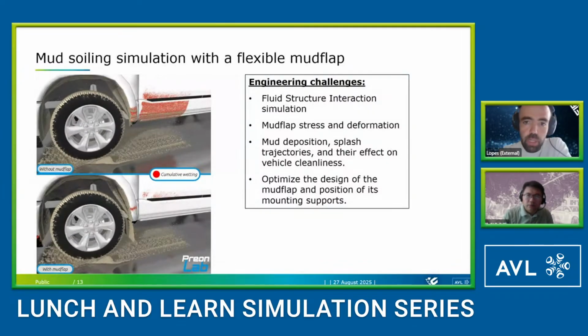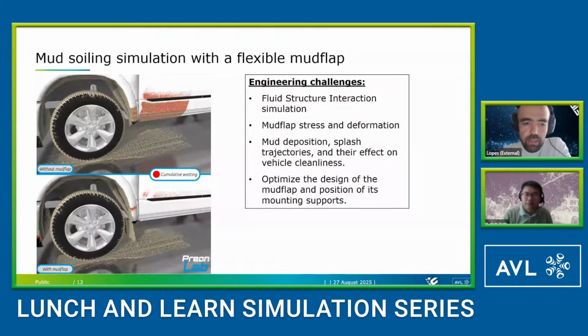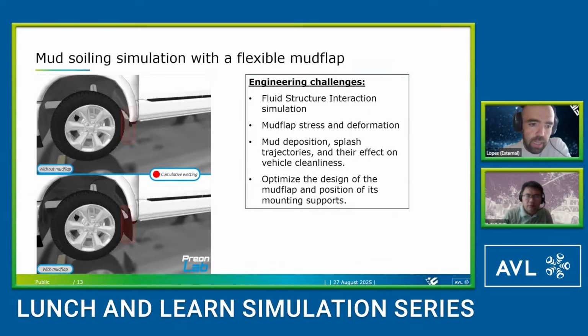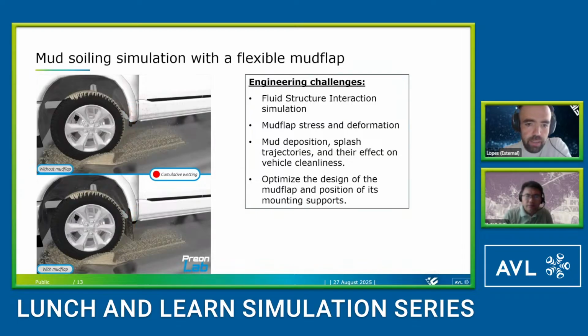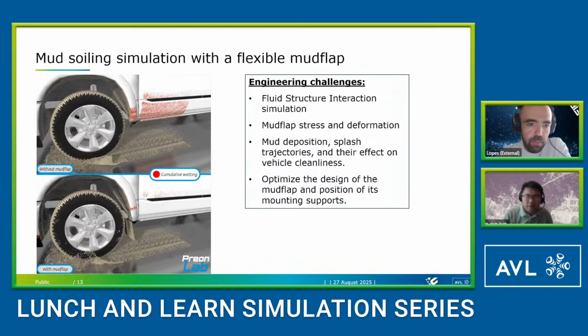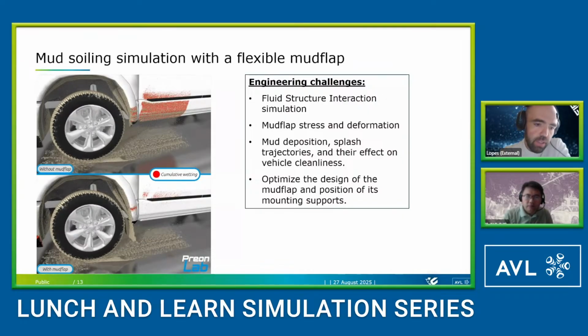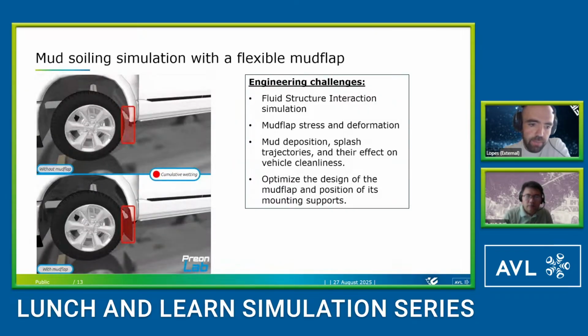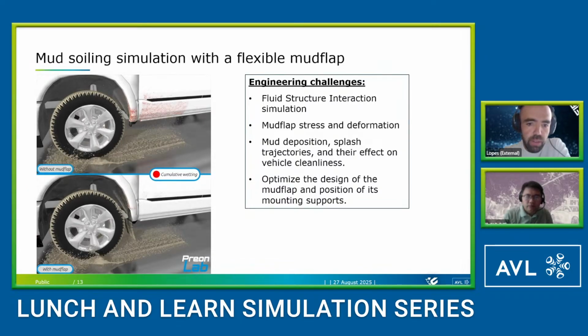And this simulation basically showcases, again, the linear elastic solver in conjunction with the fluid solver. And the goal of this simulation was, of course, to inspect the deposition and wetting patterns on the sidewalls of this truck. And we can clearly see that with the mud flap in the bottom, the amount of mud that goes to the side door is much lower whenever we have a mud flap.